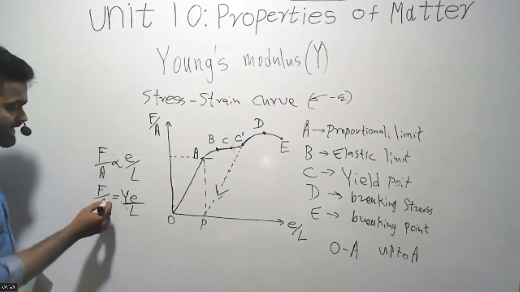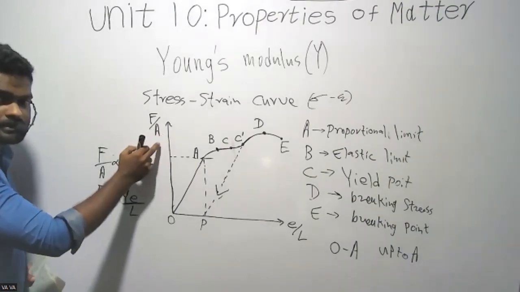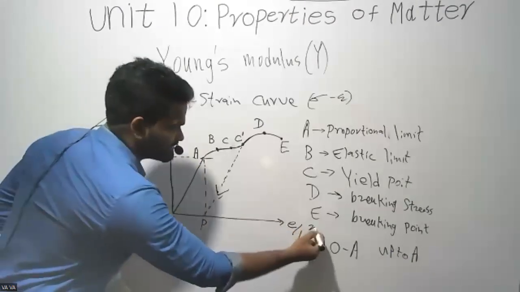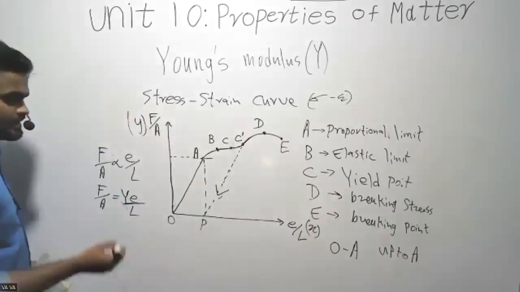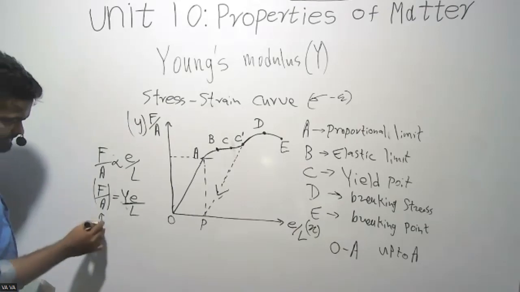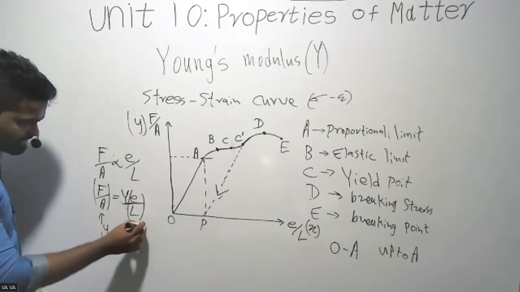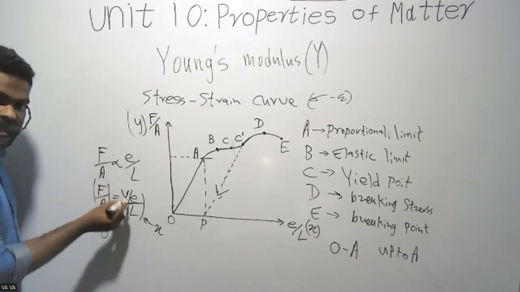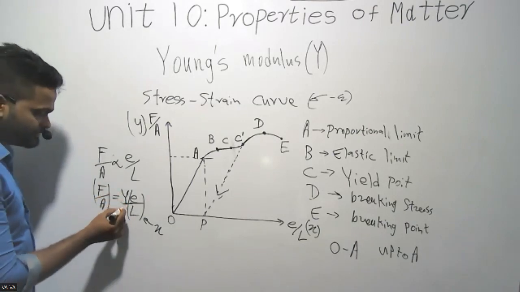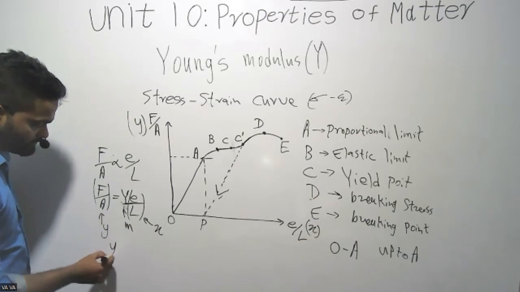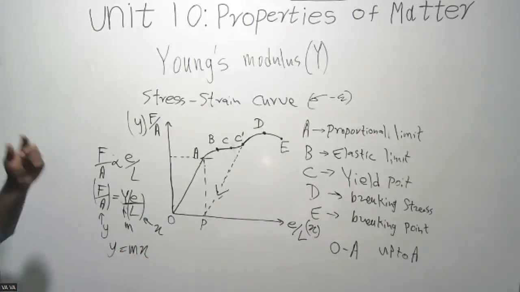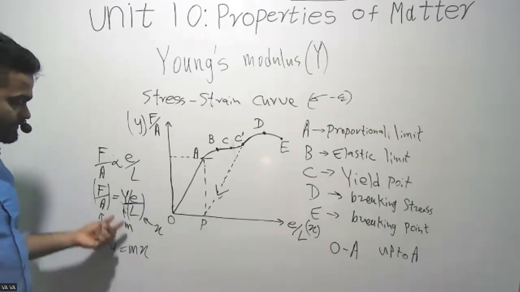Then we can think according to this graph, this is the y-axis and this is the x-axis, right? So we can say stress is y, strain is x. Then Young's modulus should be the gradient, right? So this is a y equals mx graph. Take this down.